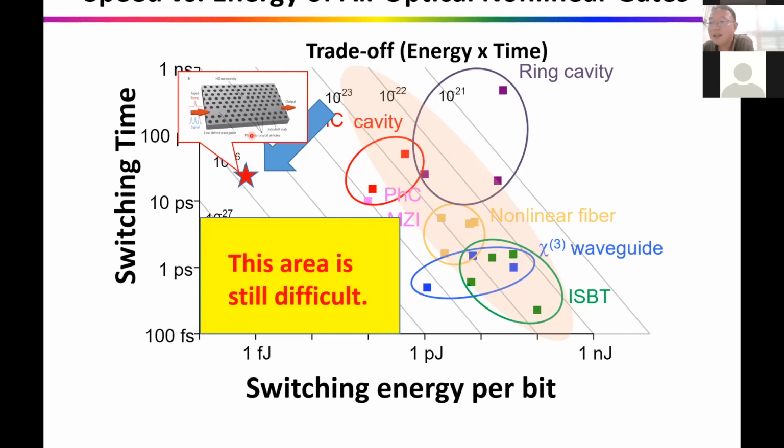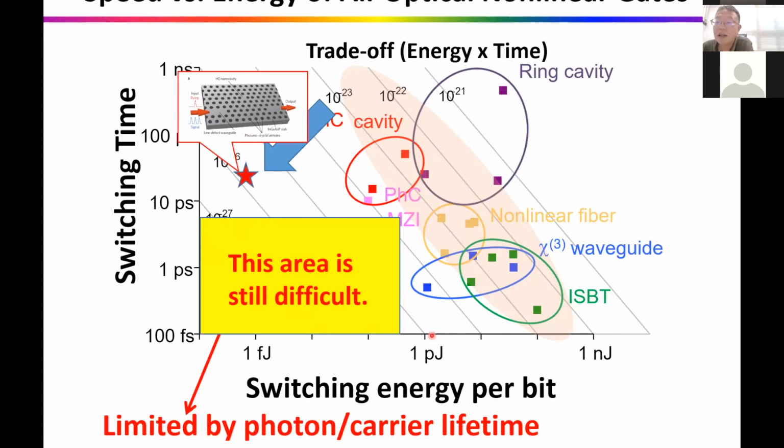However, this region, the picosecond or sub-picosecond regime, has still been difficult to achieve. Actually, this is limited by the photon and carrier lifetime of this photonic crystal nanocavity system. So to achieve this region, we looked for a different material, graphene.